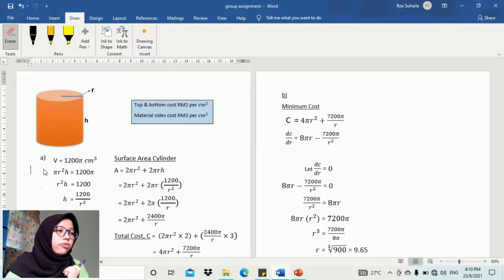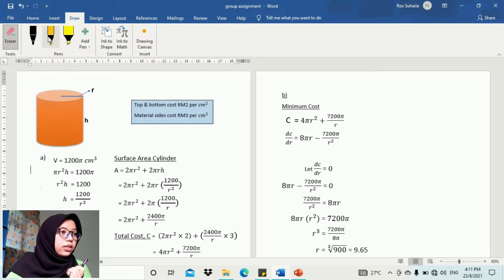Question A. We want to find the total cost of the cylinder. The information given: top and bottom costs are RM2 per cm² and material side costs are RM3 per cm². So the equation must be in the surface area of a cylinder formula because it's in cm². But first we must label the quantities relevant to the problem.